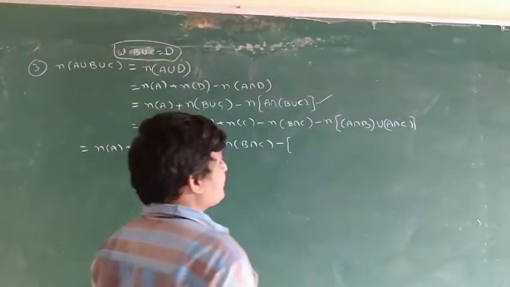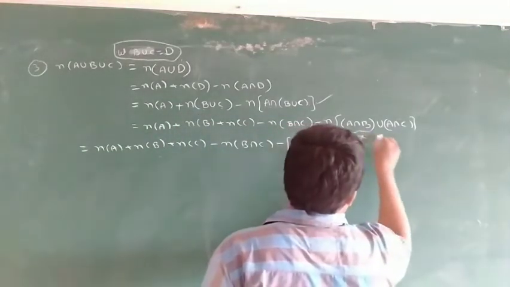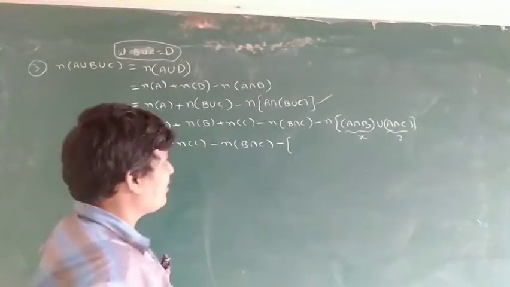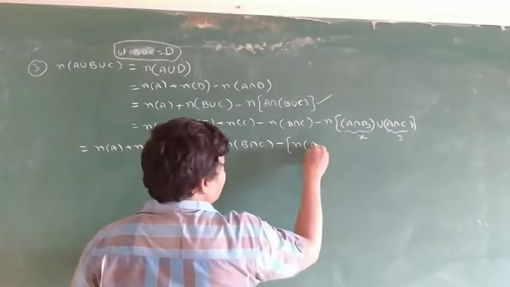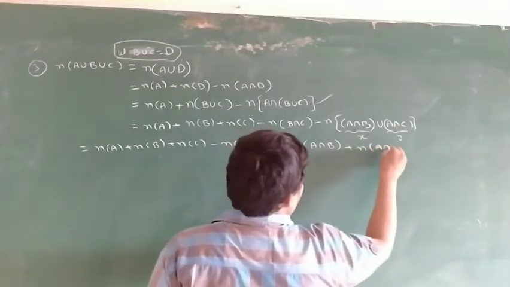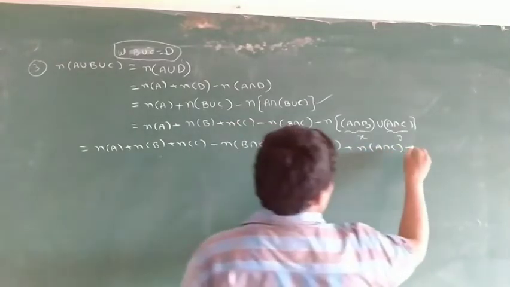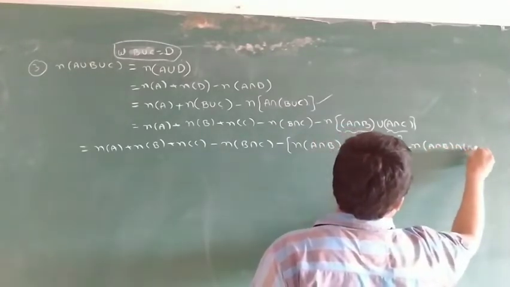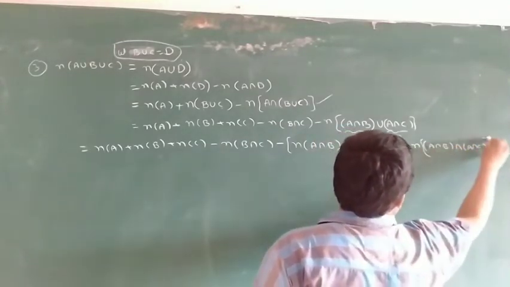Take this as X and this as Y: n of X union Y is equal to n of X plus n of Y minus n of A intersection B intersection A intersection C.